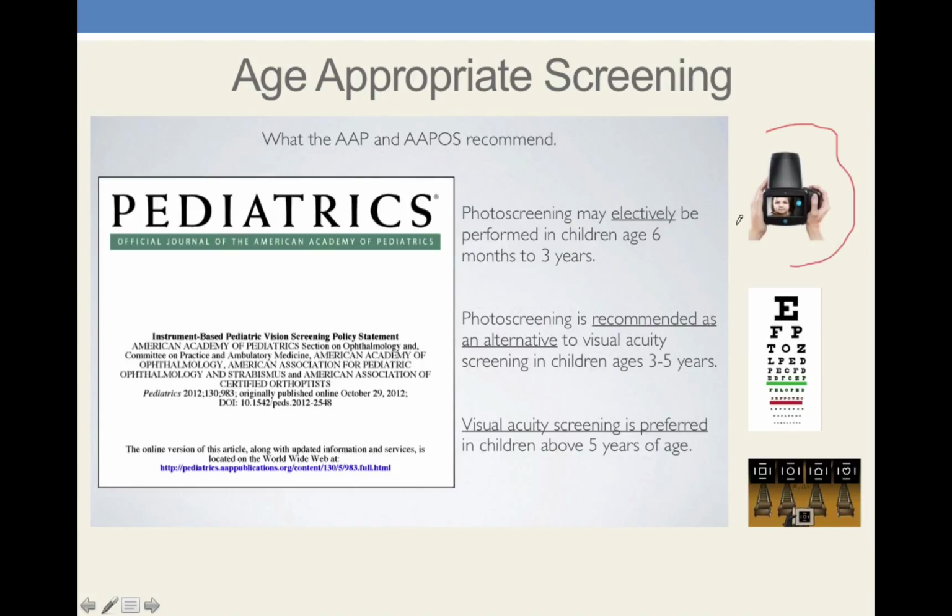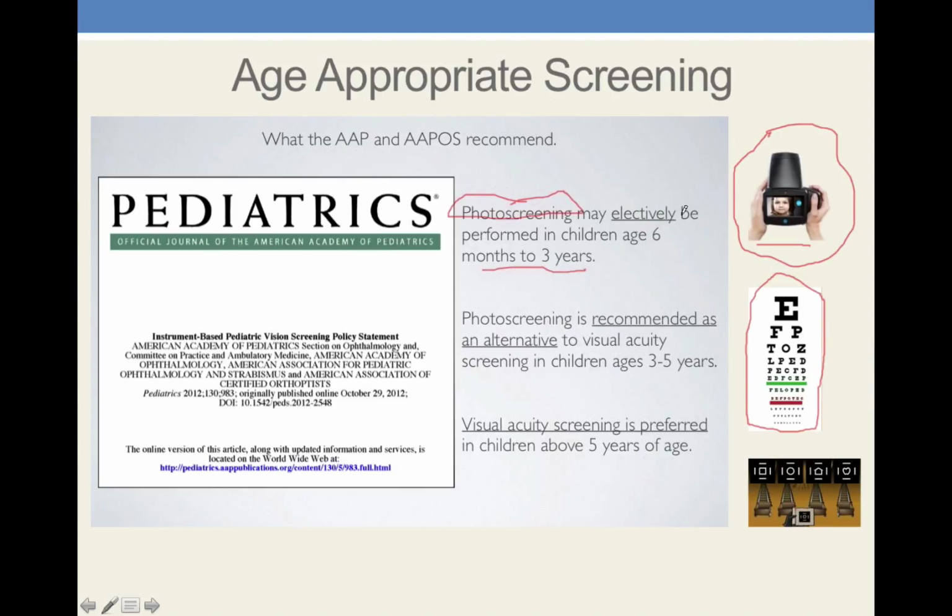Okay, so this device right here is a binocular autorefractor. These devices are collectively referred to as photo screeners, but I want to point out that really above age 3, these devices are not appropriate to be used. They can be used as an alternative to the traditional eye chart in children up to age 5.